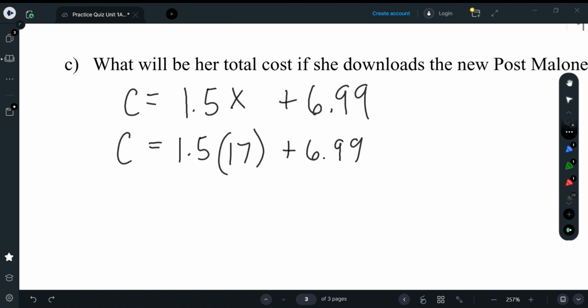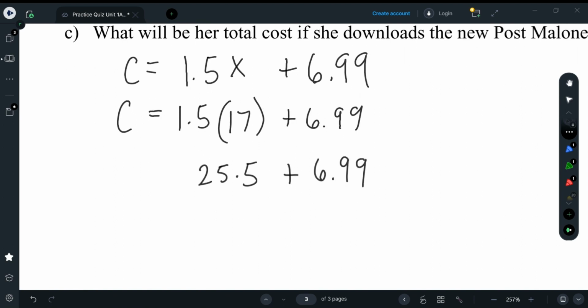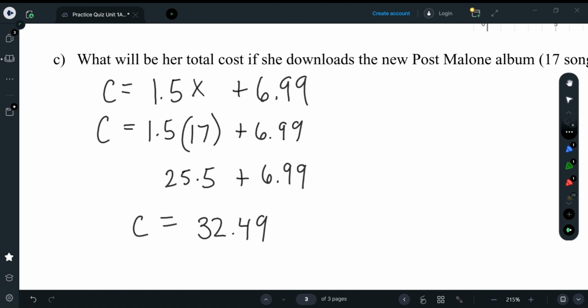Okay, that's 25.5. So this piece here is 25.5. Add that with 6.99. Plus 6.99. And the total comes to $32.49. So C equals $32.49. That's going to be her total cost for the month, $32.49.